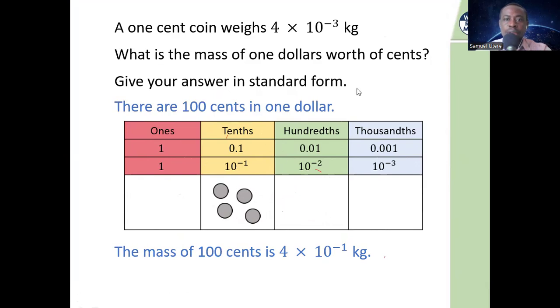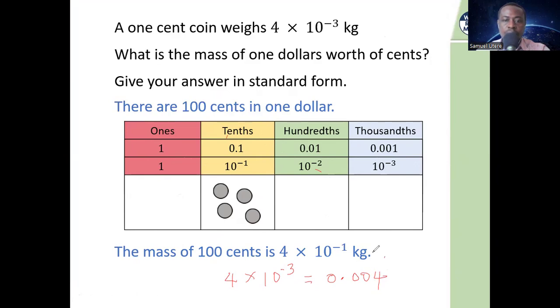Remember one of the questions we looked at previously when we were answering the questions in the practice exercise? We can think about it another way. We have 4 times 10 to the power negative 3. If we write this as an ordinary number, you remember the pattern now, we have negative 3, so we're going to have 2 zeros before the 4. So this is 0.004.